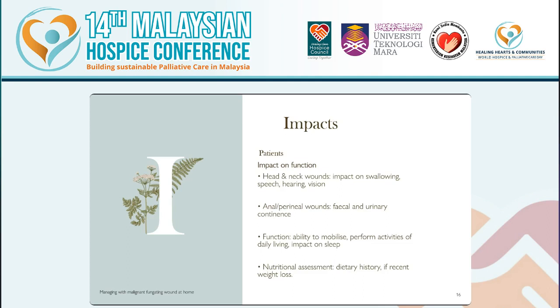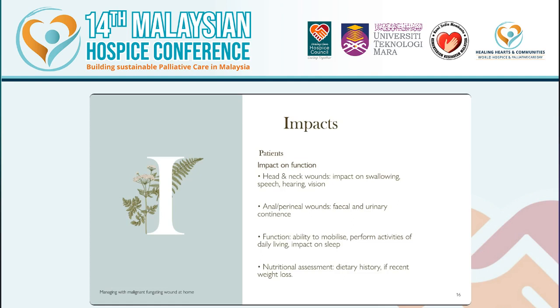Imagine if he passes motion, it can be very messy and it can actually induce infections if we don't teach the patient's family how to care for this wound properly. And the wound may also affect patients' functions, like mobility, their ADL, and also their sleep.